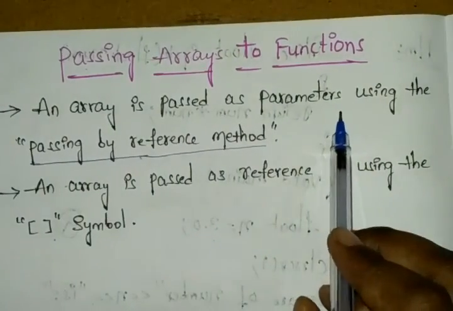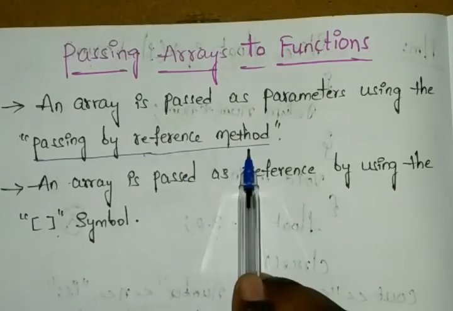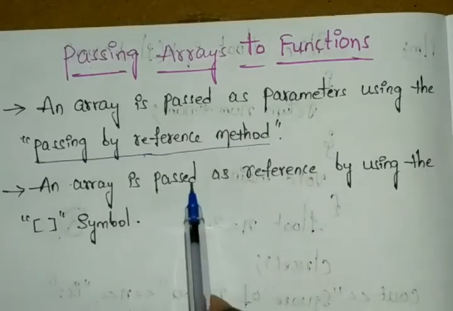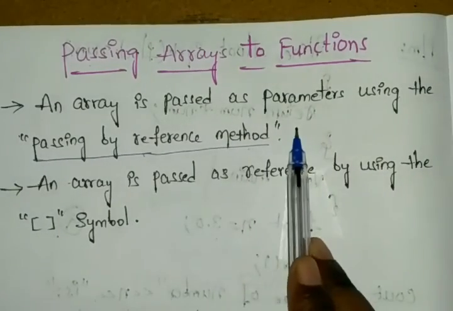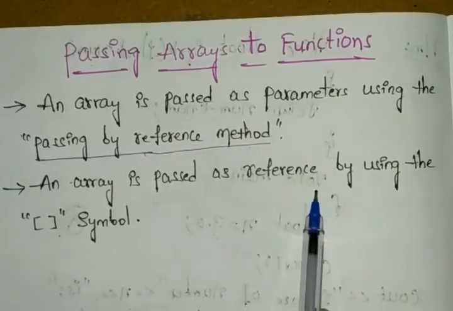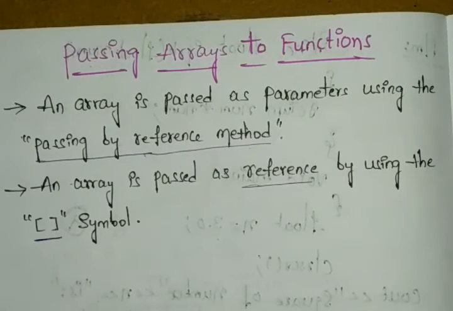These arrays use the passing by reference method to perform our functions, right? And if you are using parameters, then our arrays are passed as a reference by using the square braces.